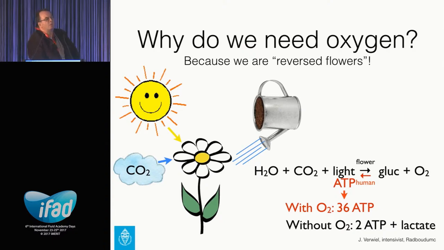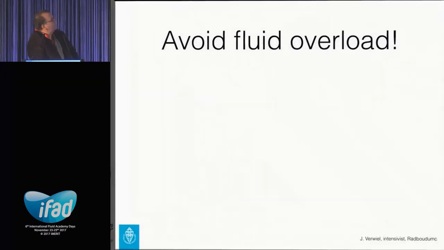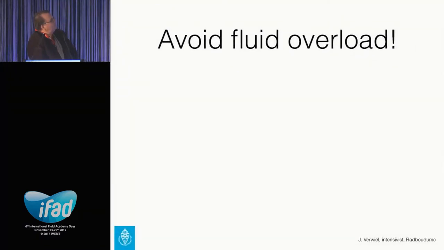This present is called lactate. And lactate makes our pH go down, and the first organ that immediately suffers from lowering pH is our heart. Okay, well. So we need to avoid fluid overload.